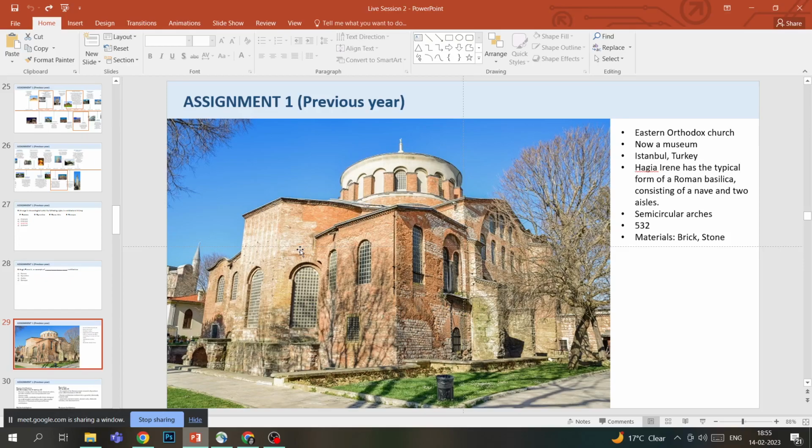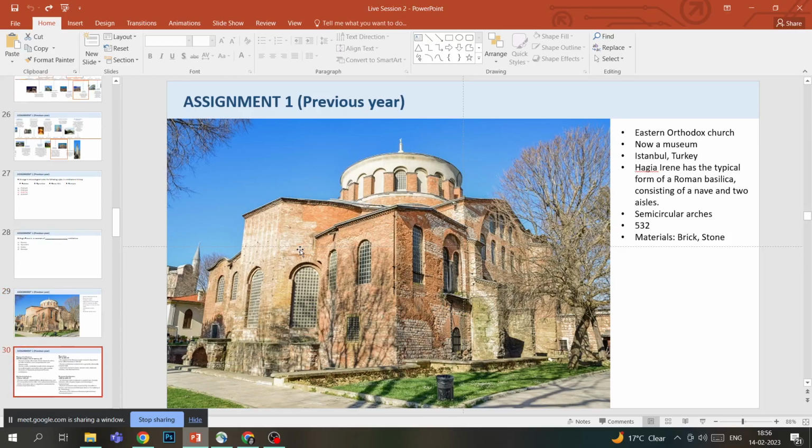The central part is called the nave, and then there was a column on both sides of it, and then there were two aisles. So this church also follows the same typical Roman basilica form. One of the characteristics of this church is the use of semicircular arches, and the materials used in this are brick and stone.